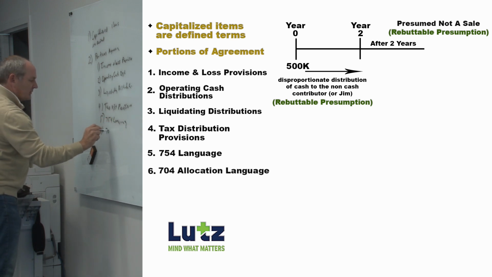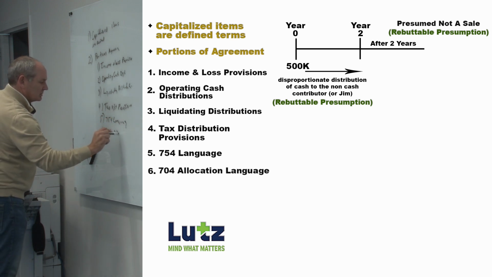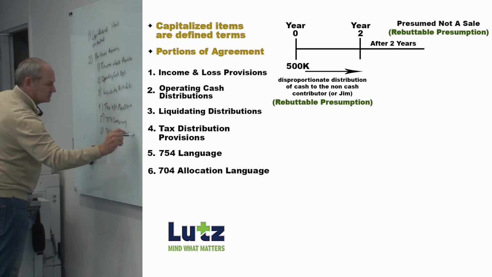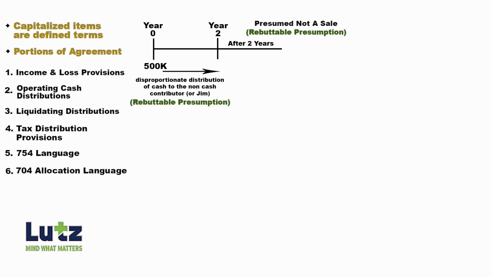Six, 704 allocation language. Because for me, these are the items that are the rules of the game in the partnership agreement.